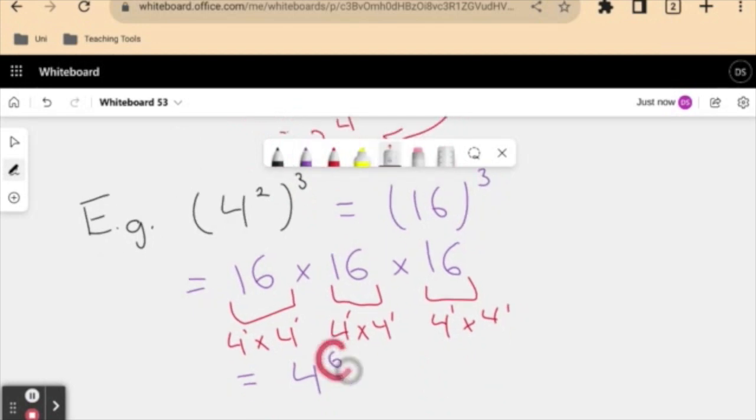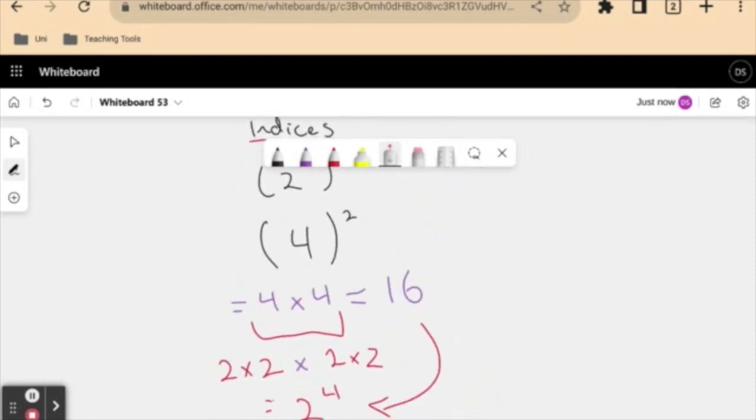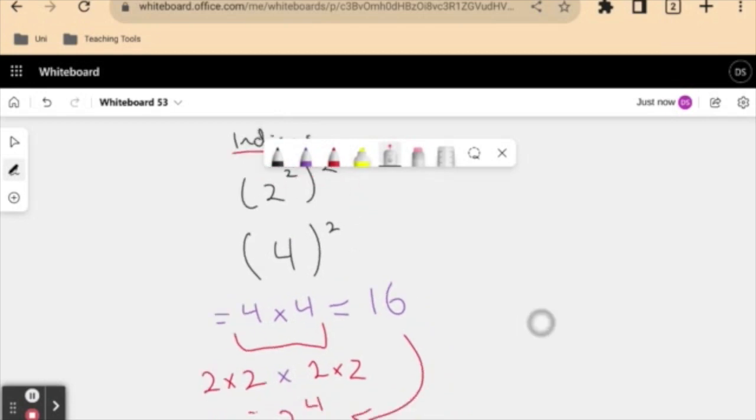What do we observe between the final power in the answer and these two powers here, as well as this one and these two powers here?